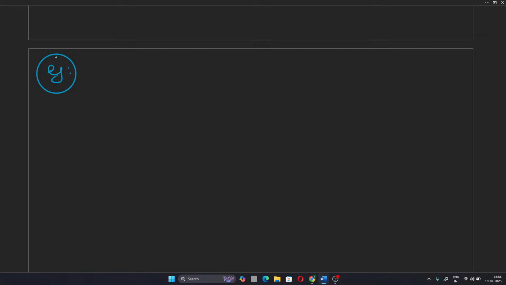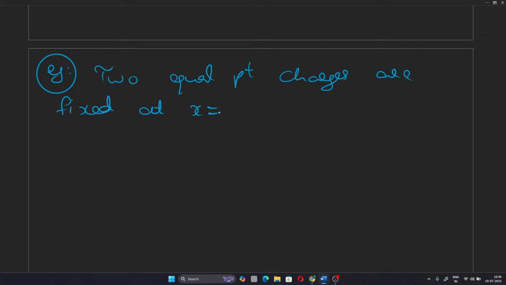They gave that two equal point charges are fixed at x equals minus a and x equals plus a on the x-axis.